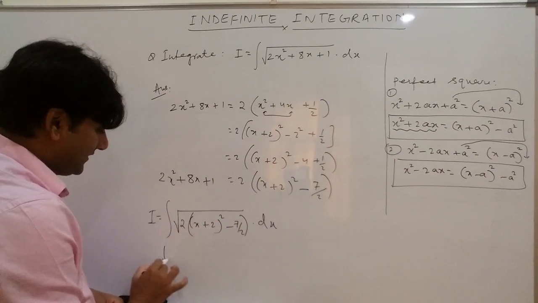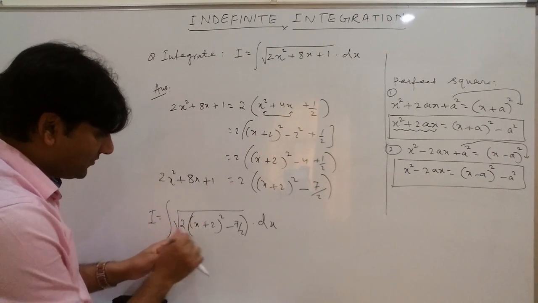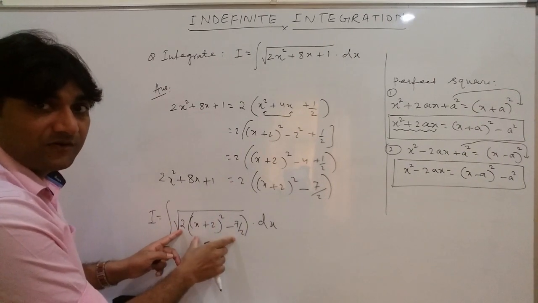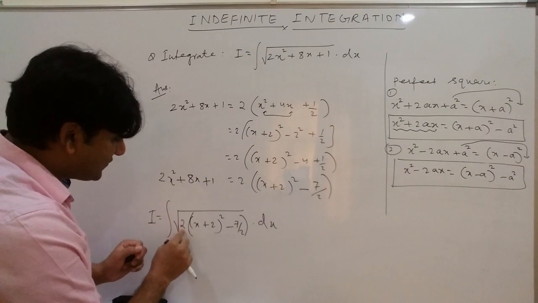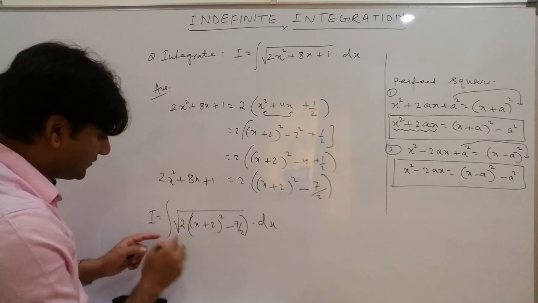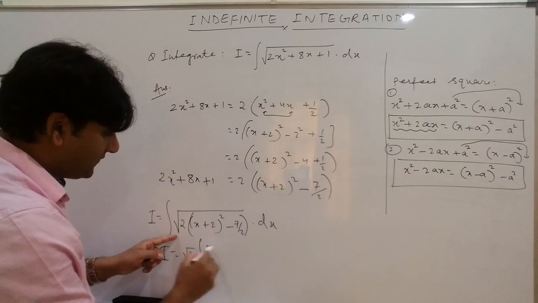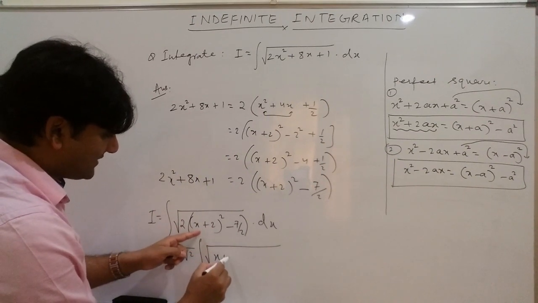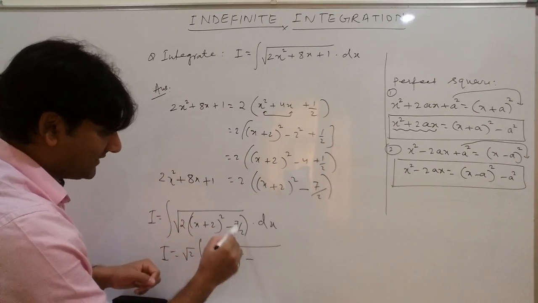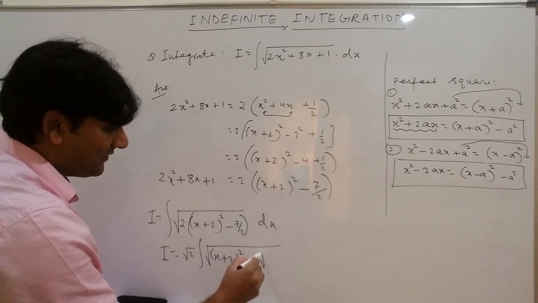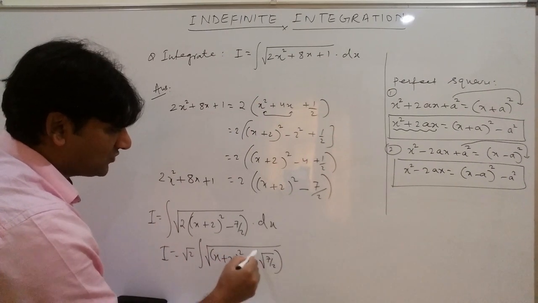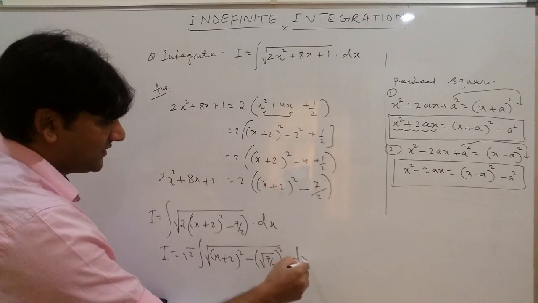This 2 is completely outside of this full bracket, so I can take this 2 outside of this root, then it would be root 2, and in the integration of root, I will get x plus 2 whole square minus 7 over 2. This 7 over 2 I can write as root 7 over 2 whole square dx.